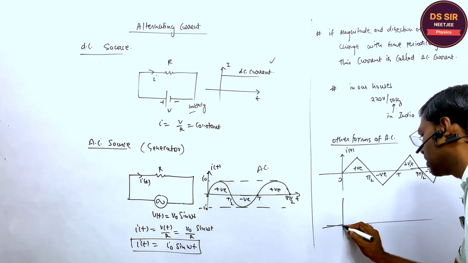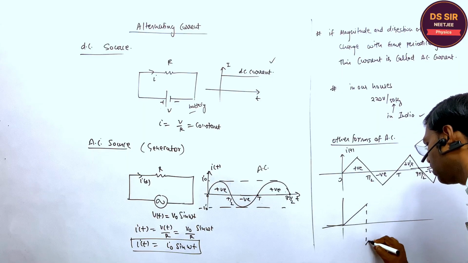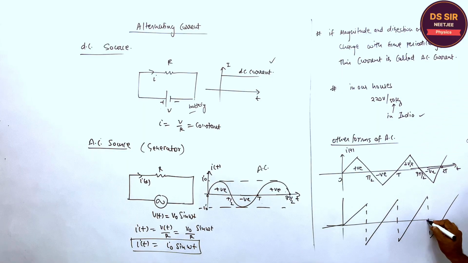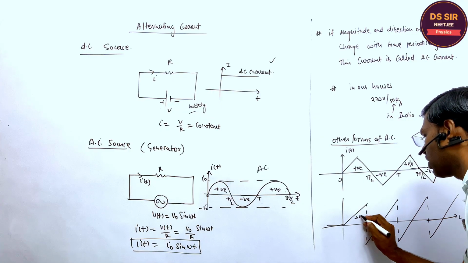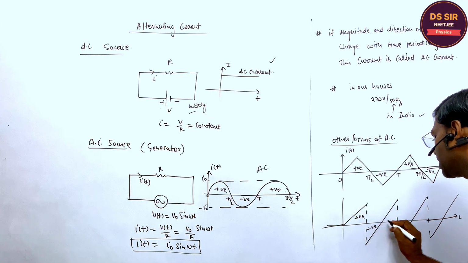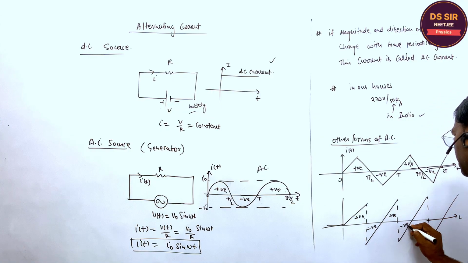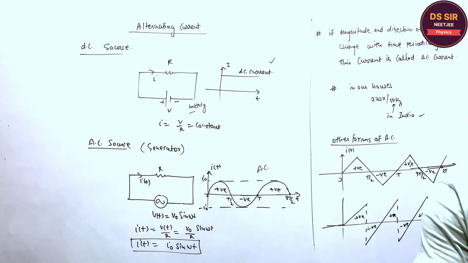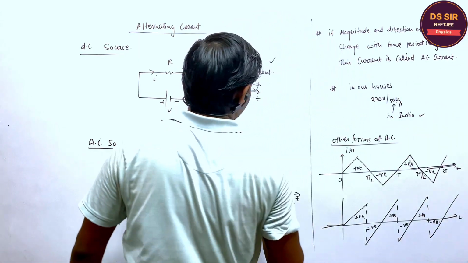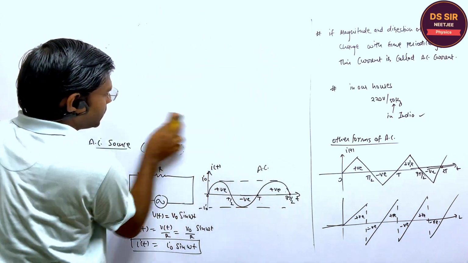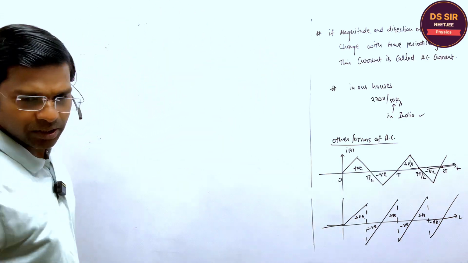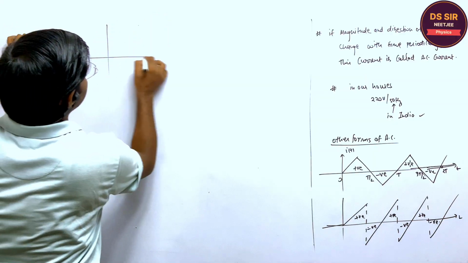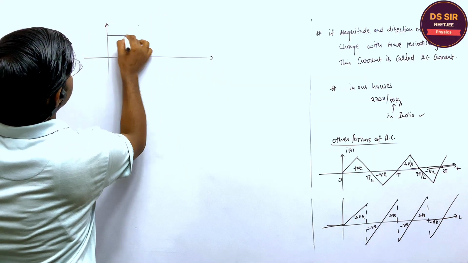Another form you may write like this. For half period it is positive, it is negative, it is positive, it is negative. Understood? So this type of wave is the rectangular type.